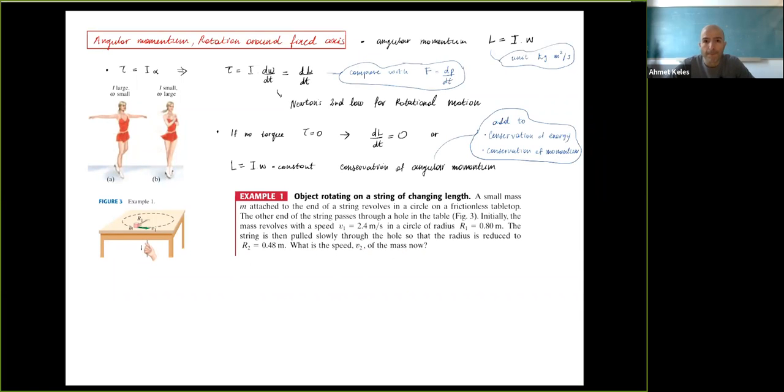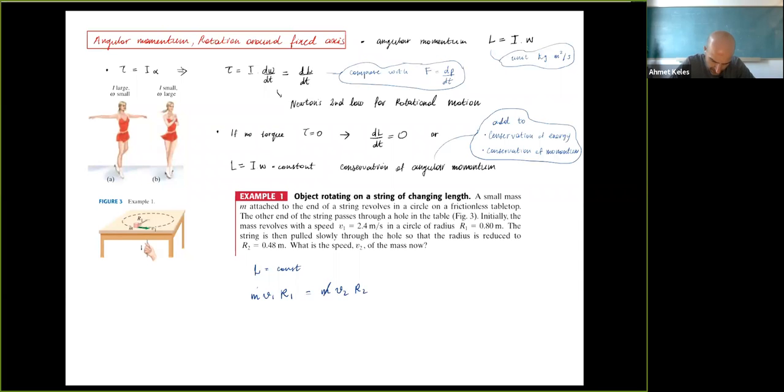Okay. Maybe this is simple, so I will go ahead and solve. Angular momentum is conserved, so L is constant. Initially L is equal to m v1 r1. When the string is pulled, m stays the same, there's some v2, and the radius goes to r2.